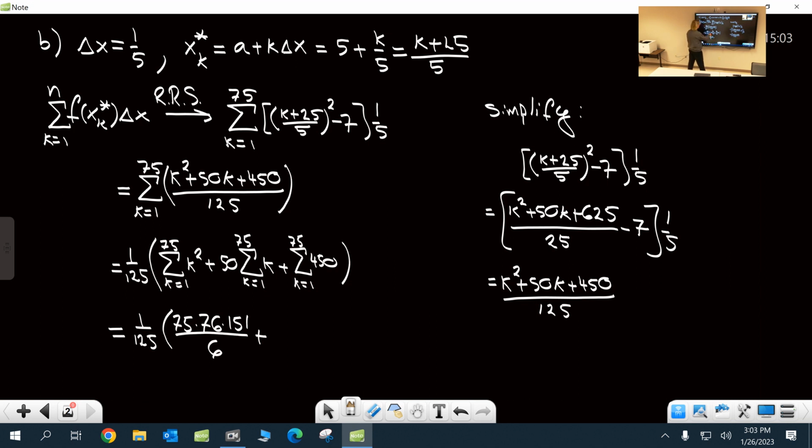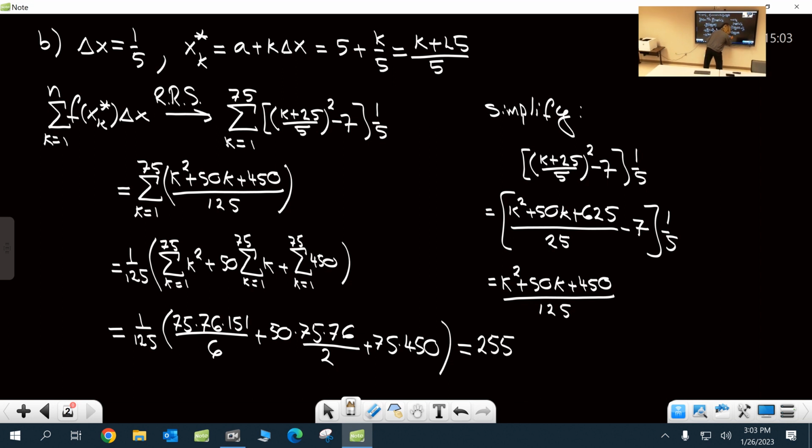The only thing that is different in this middle term is that we are not multiplying it by 48, but 50. 50 times 75 times 75 plus 1, which is 76, over 2. And we add to this 75 times 450. And when we calculate this out, we are going to get 2,575.6.